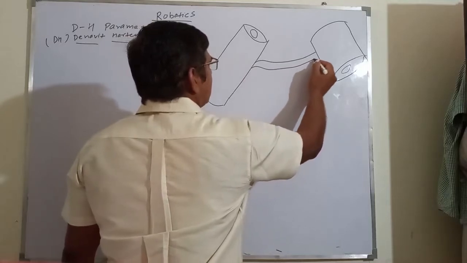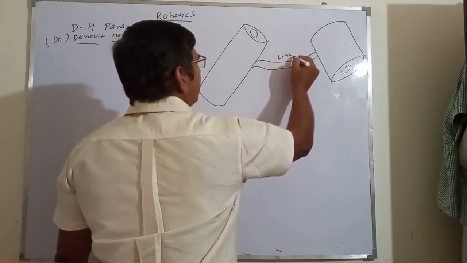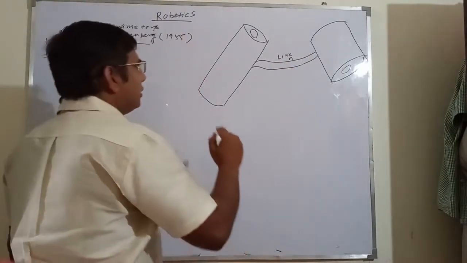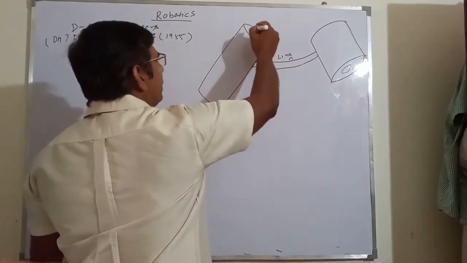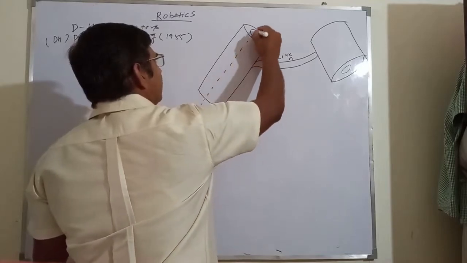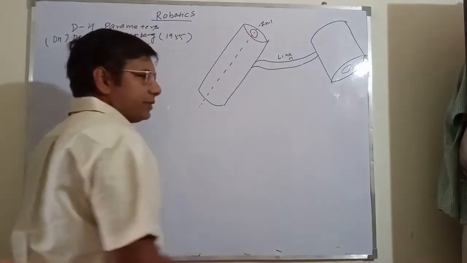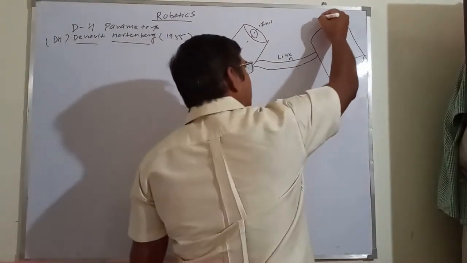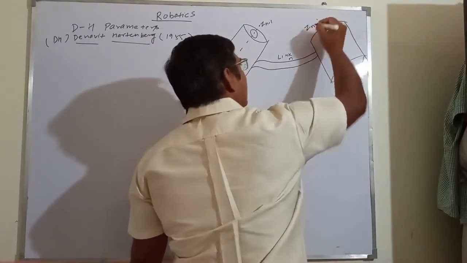Suppose this is the link n. Then we need to take this one as the Zn-1 axis, and this one as the Zn axis.